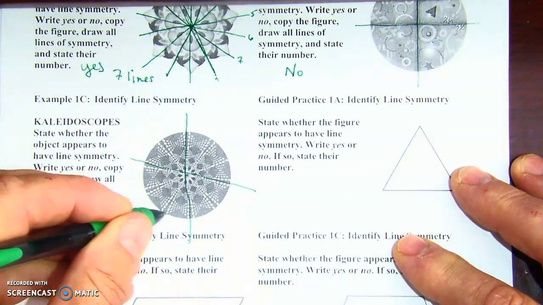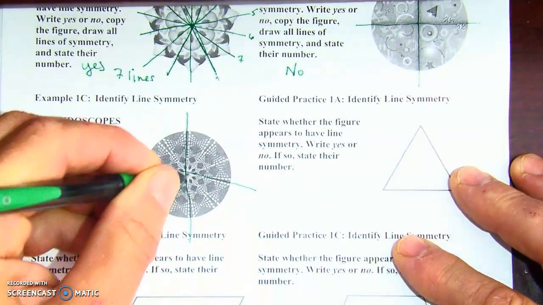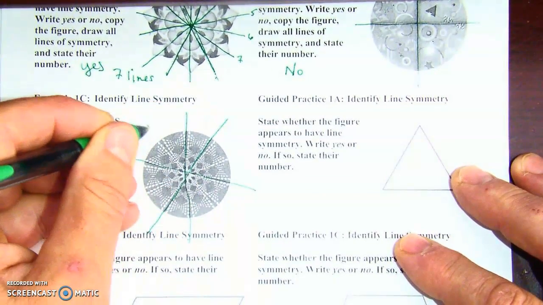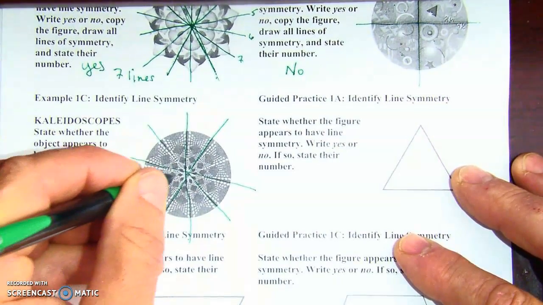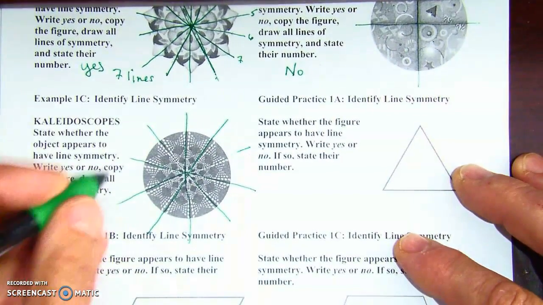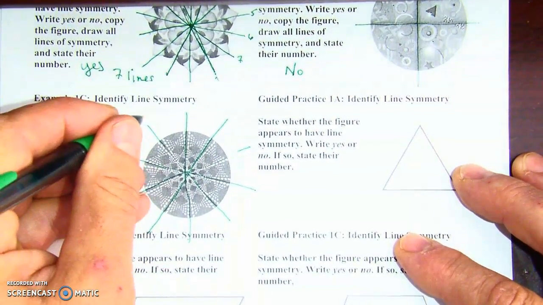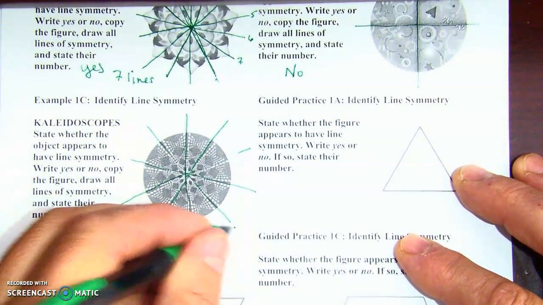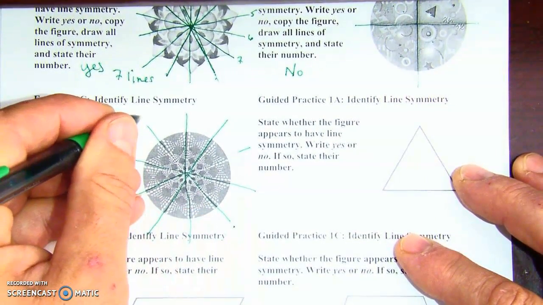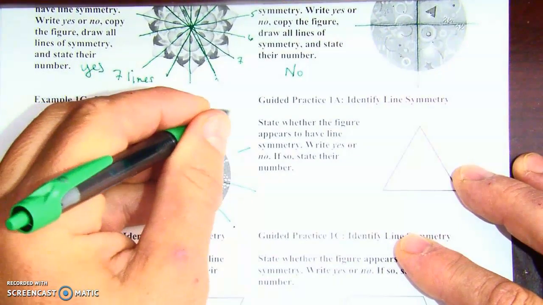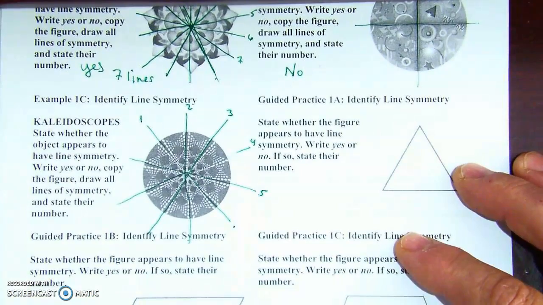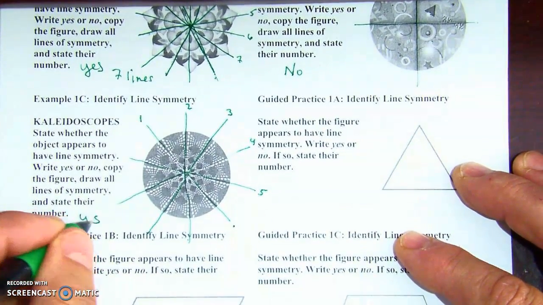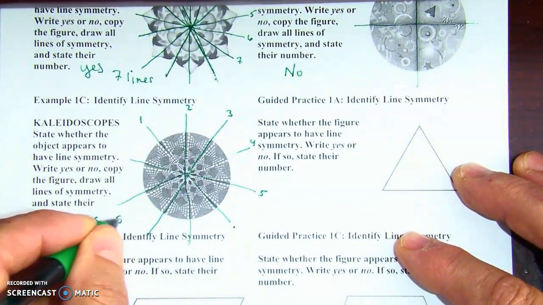It looks like through every one of these little sections here, we are going to draw a line, and it will match on each one. So again, I'm going to start here. That means I'm going to end here. So how many lines do we have? 1, 2, 3, 4, 5. Okay, so that means we have a yes, and it is 5 lines.